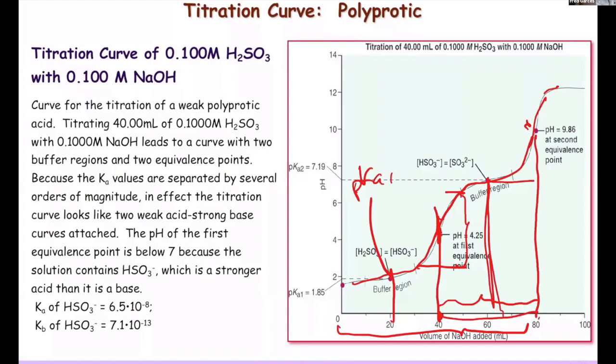Remember, this is a polyprotic system. There are 2 hydrogens that come off. When the first hydrogen is completely ripped off, where does that start? It starts right here at the first equivalence point. At that point, here we have H2A, and here we have HA minus.